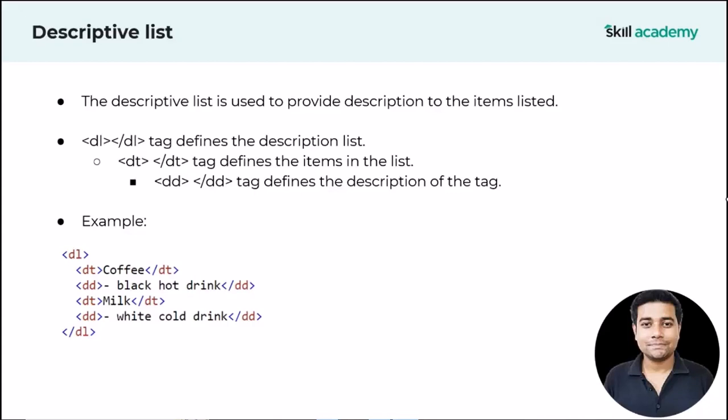And if you want to provide a definition or some description of those items, you can use the DD tag. You write this HTML code, and in return you will have this output: coffee, black hot drink, milk, white cold drink. So if you want to specify a little bit of description of your listed items, you can use the descriptive list of HTML. Now let me show you a practical example of it.